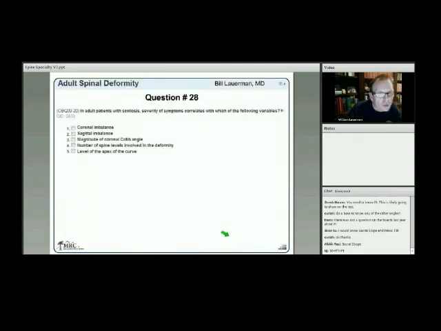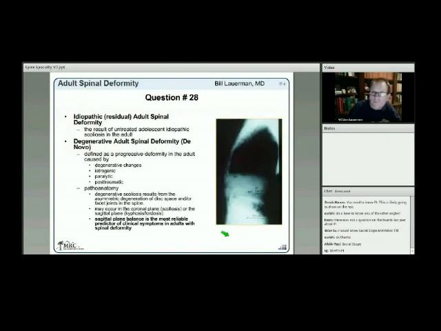Okay, in adult patients with scoliosis, the severity of the symptoms correlates with which of the following variables? So a little bit about adult deformity. Residual adult idiopathic scoliosis is the result of untreated adolescent scoliosis.